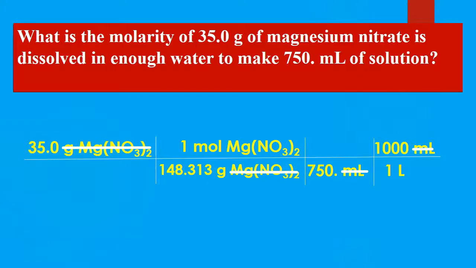Again, we're left with the desired units of moles divided by liters, moles per liter, which is molarity. We multiply and divide and we get 0.315. Again, we were given 3 significant figures here, so our answer must be given to 3 significant figures.